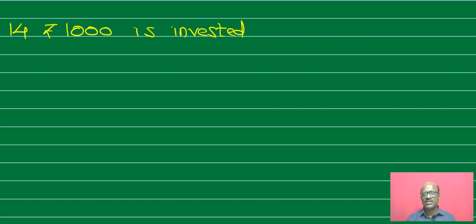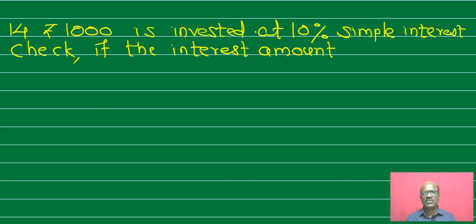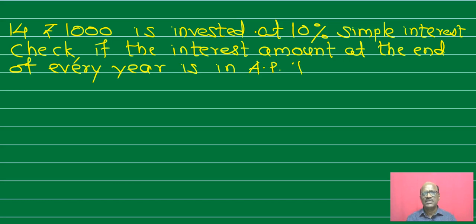Rupees 1000 is invested at 10% simple interest, rate of interest is 10%. Check if the interest amount at the end of every year is in AP.